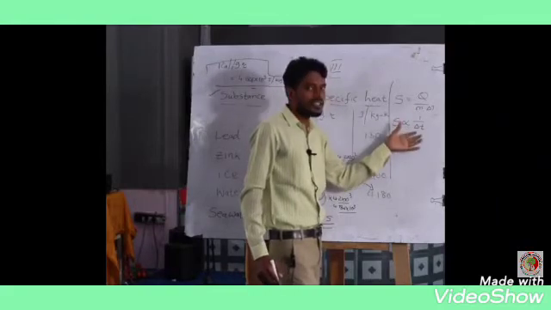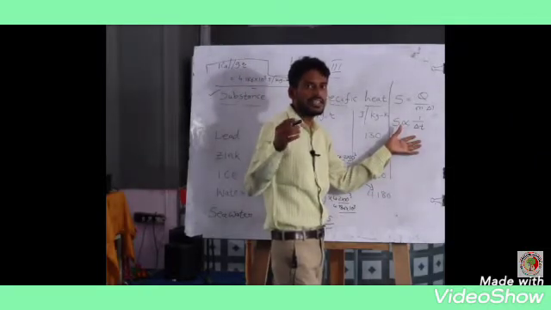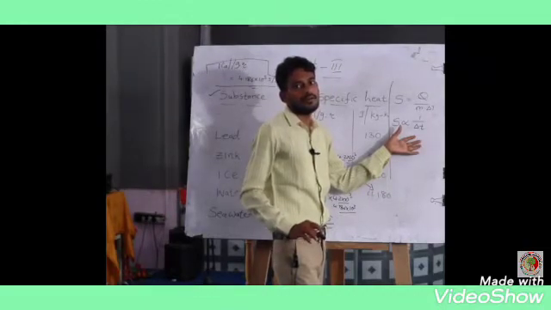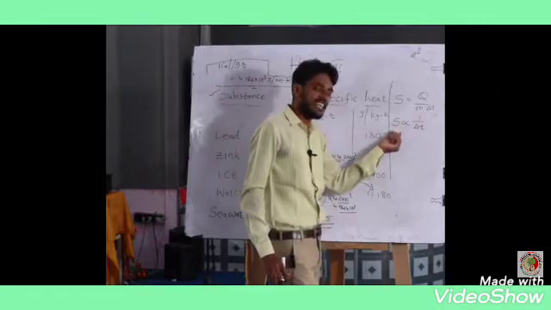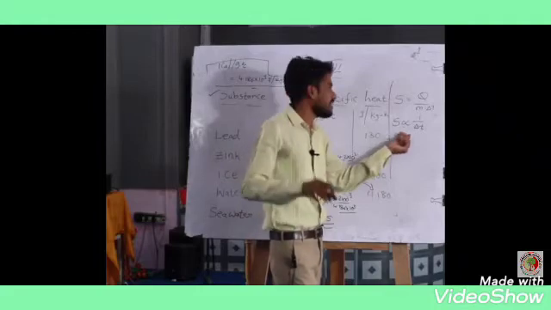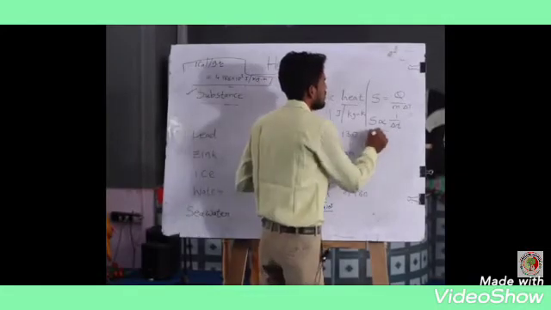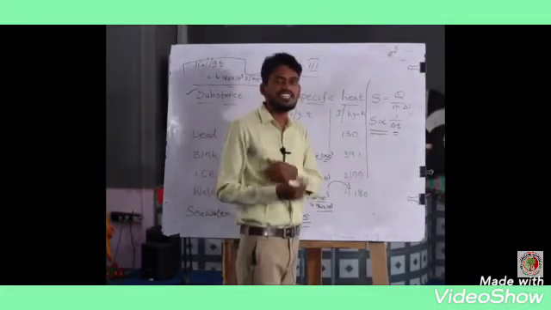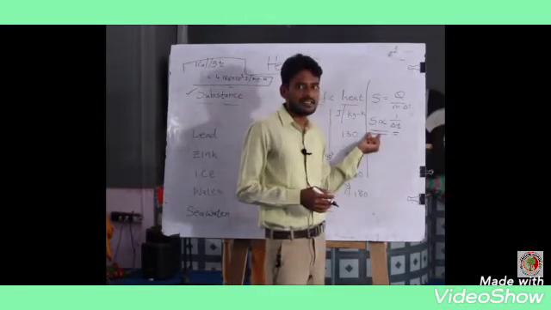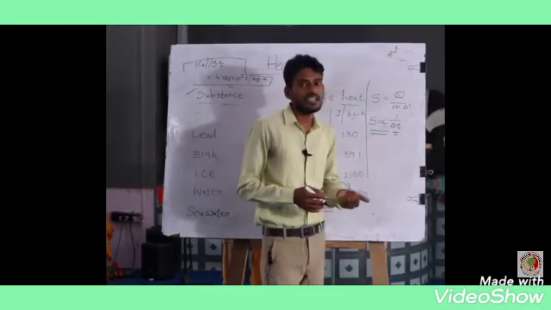When specific heat is low, the rise or fall of temperature is high. That's the concept of specific heat. You have to understand the reluctance of changing its temperature. Simply you can say specific heat. S is inversely proportional to delta T.